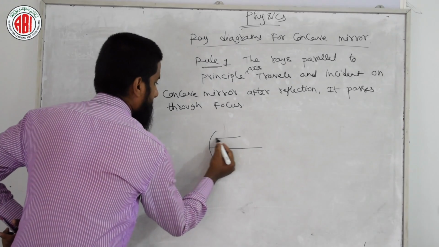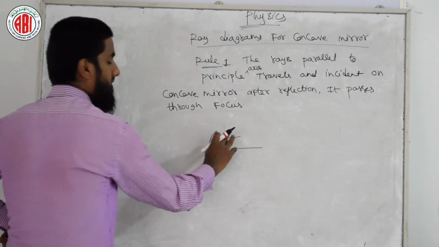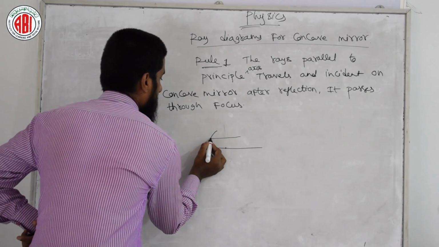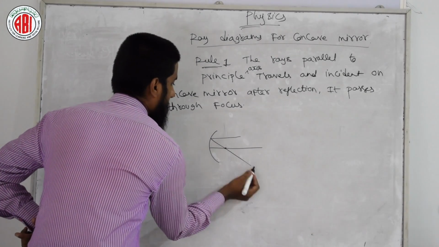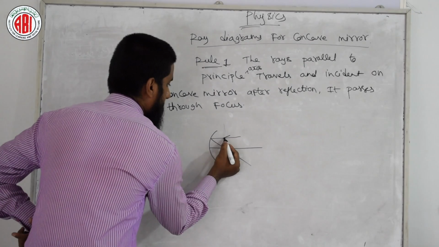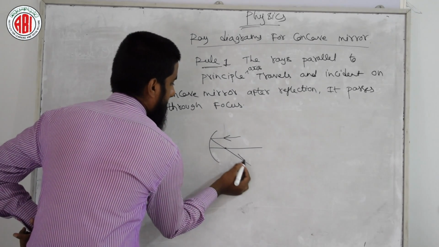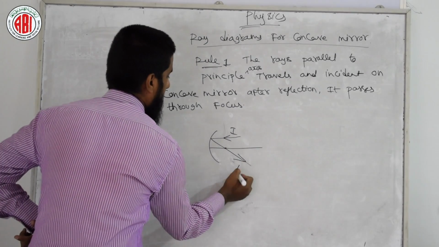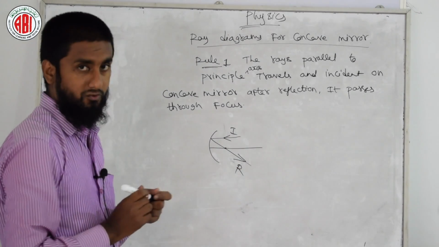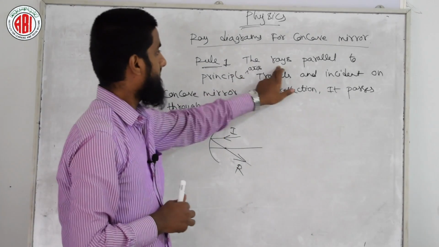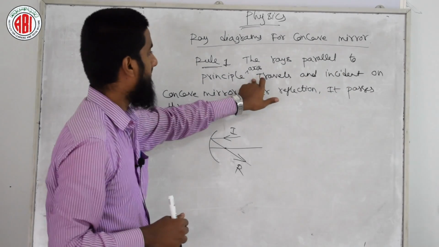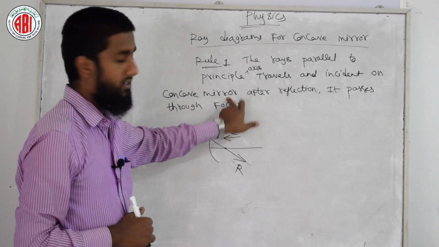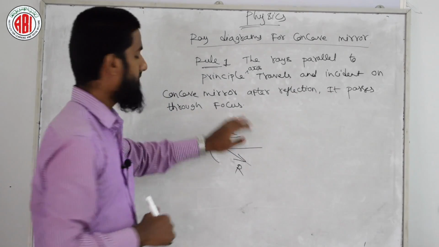When the rays travel parallel to the principal axis, after reflection it passes through the focus. This is the incident ray and this is the reflected ray. So this is a very simple rule 1 you can remember.